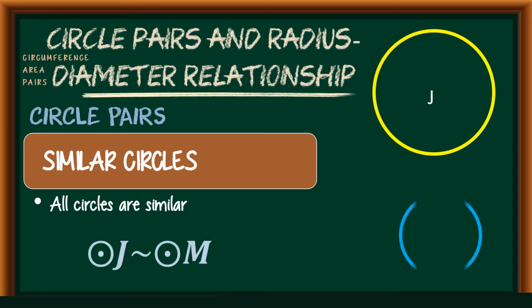So if we have circle J and circle M, though they have different measurements or they differ in measures, we can still say that circle J is similar to circle M. Note of the notation, ayan, we use ganito instead of ganyan. This one is similar, and this one is for congruency, okay?